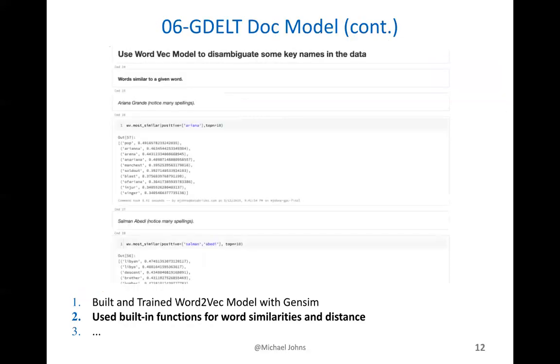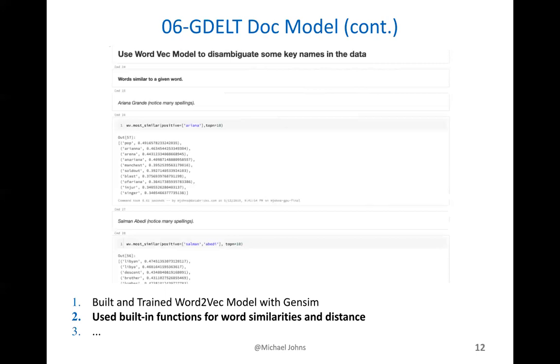So we use the Word2Vec capabilities just to disambiguate and get some similarity scoring, looking at what words are most similar to Ariana. Ariana Grande was the singer where the attack occurred. When we look at similarity scores for Ariana, we see a couple of misspellings of her name.